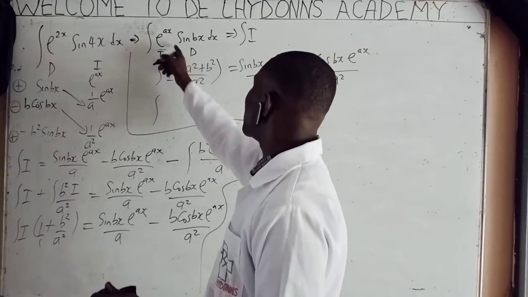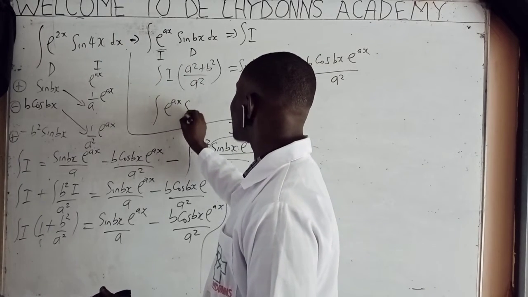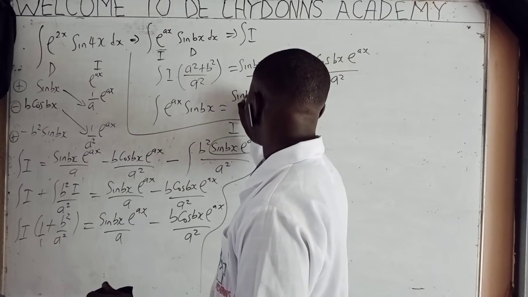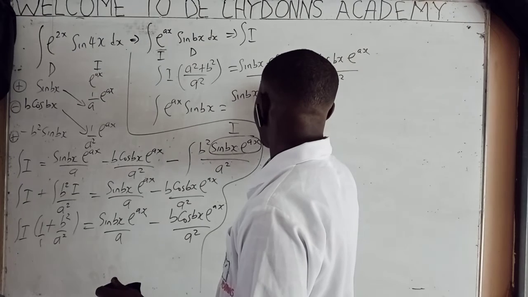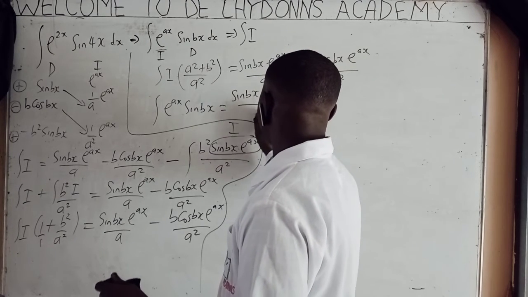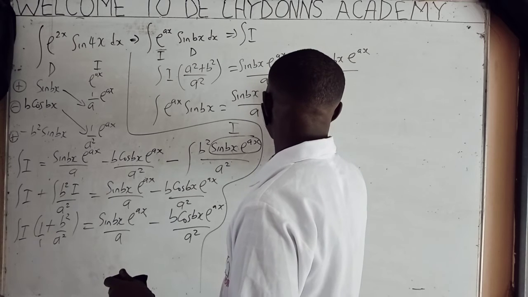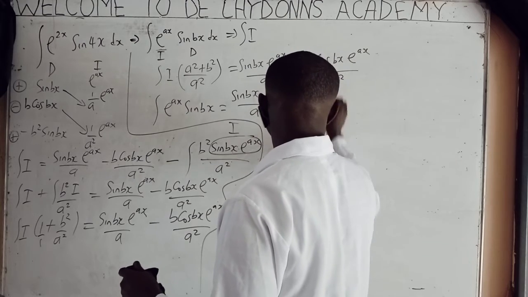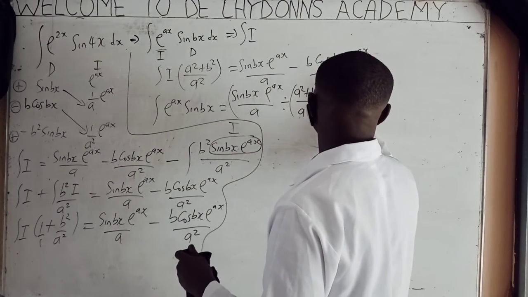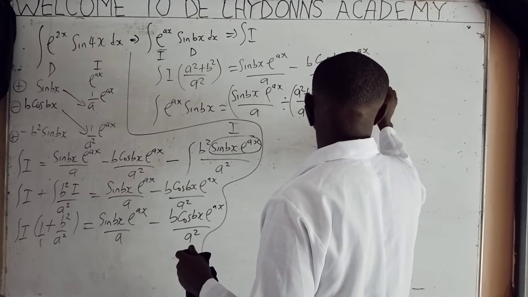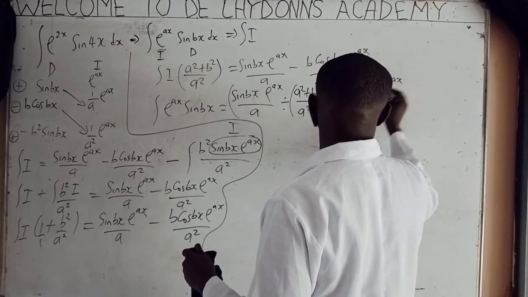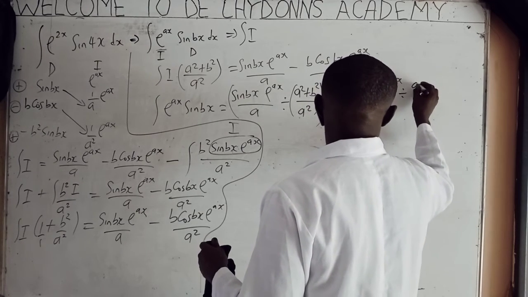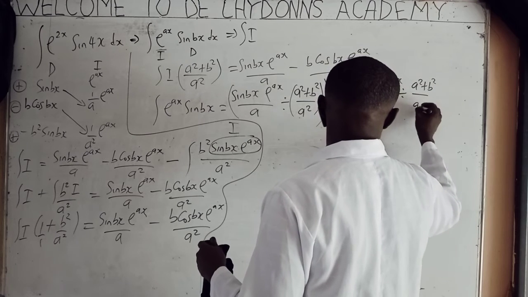Our I is exponential ax sine bx equals, taking this to the other side, sine bx exponential ax all over a divided by a squared plus b squared all over a squared, then minus b cos bx exponential ax all over a squared divided by a squared plus b squared all over a squared.